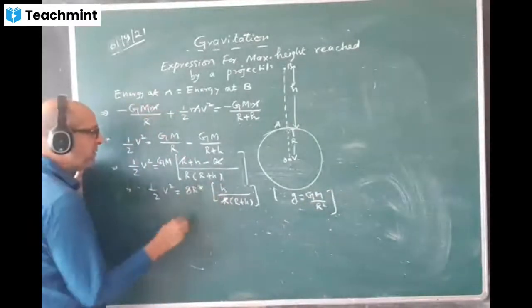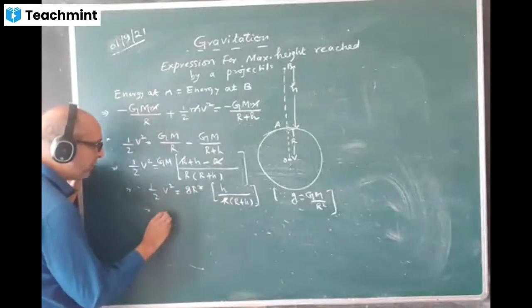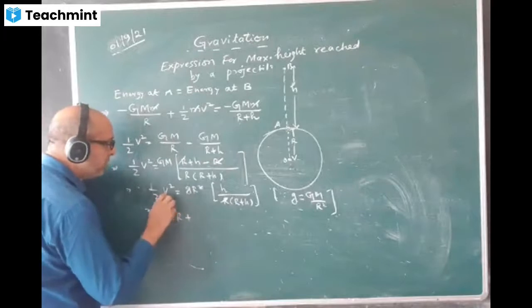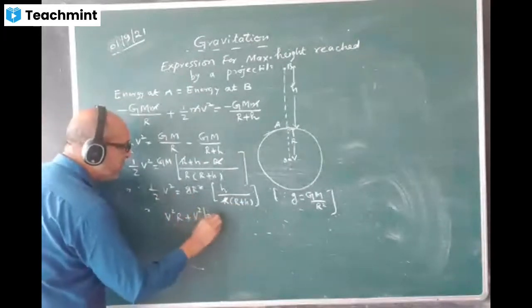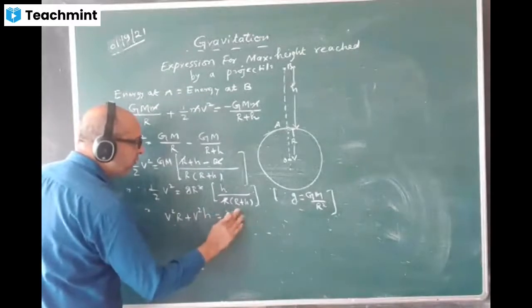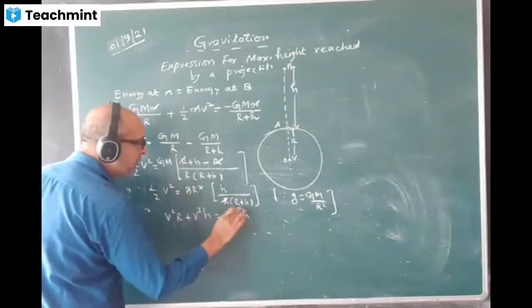Here I'll cancel this and this will go. I'll cross multiply. It will become V square into R plus H, V square R plus V square H is equal to this side. We are getting 2gR square H by R, which is 2gRH.